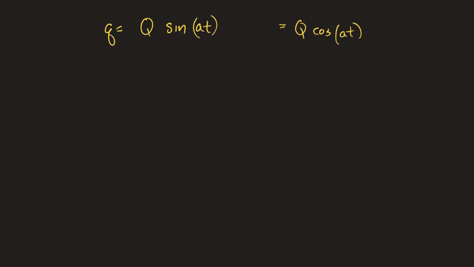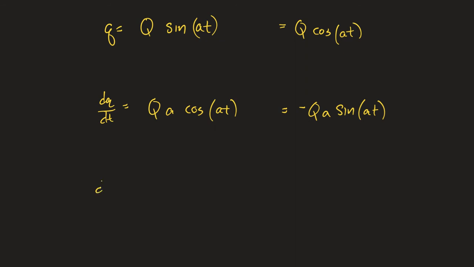When I take the first derivative, dQ dt, the first one's going to be QA cosine AT. The other one's going to be minus QA sine AT. Take the next derivative. First one's going to be minus QA squared sine AT.